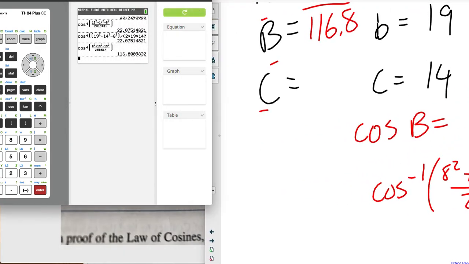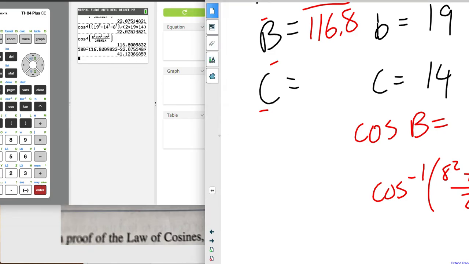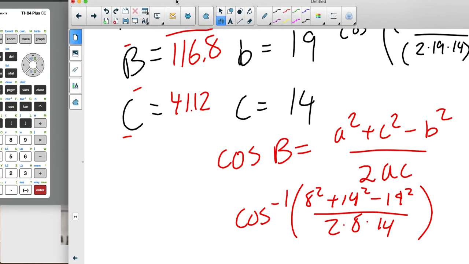Now, to find angle C, just going to take 180 minus that angle minus the other angle, right? Because the three angles in a triangle should add up to 180. So this angle should be 41.212.